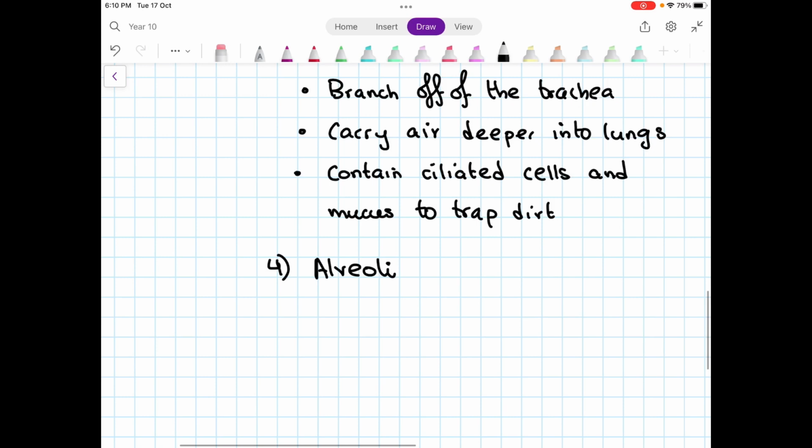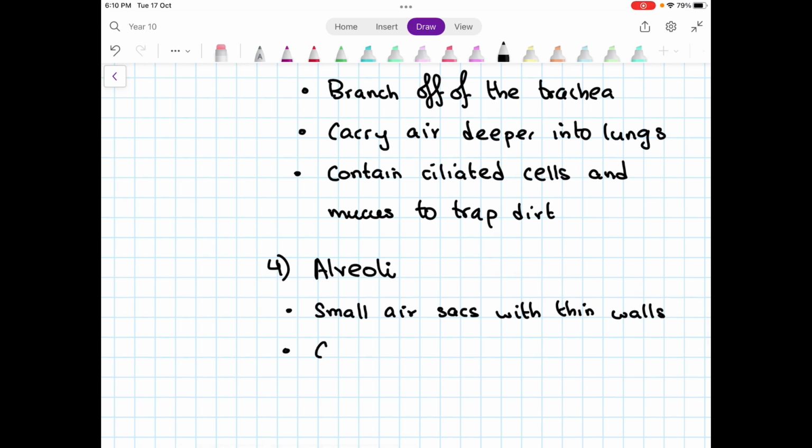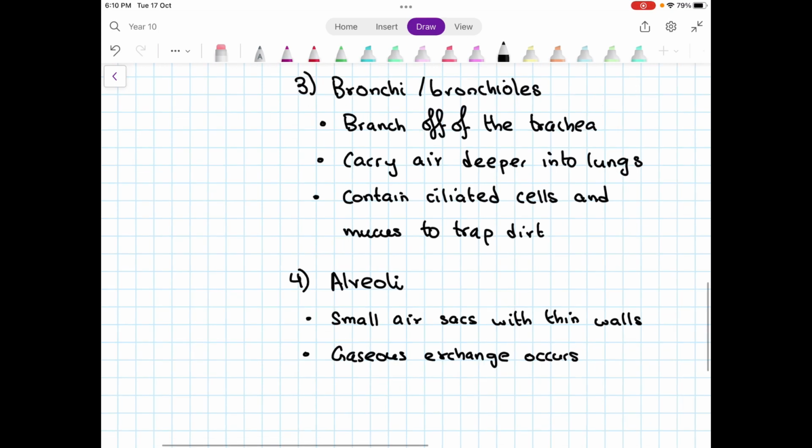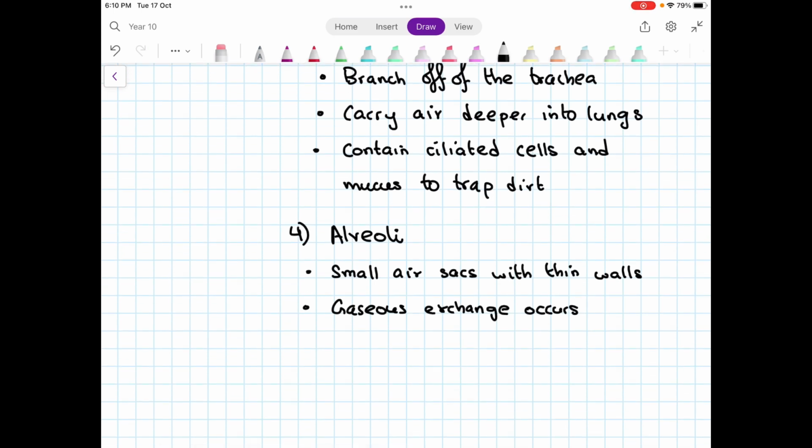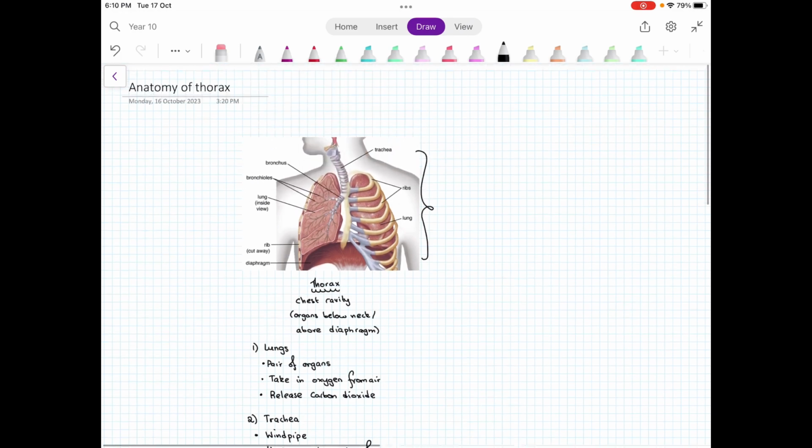There are also structures known as alveoli. And these are small air sacs with thin walls, and they are where gaseous exchange occurs. And there is a separate video which focuses on the adaptations of alveoli which make it suitable for its function.